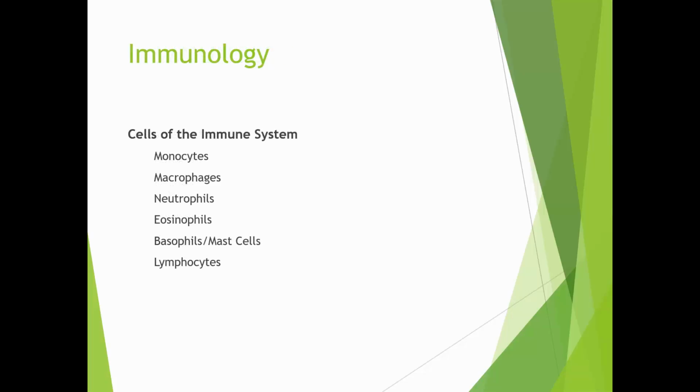Now, the rejection process is an attack by the immune system. So this is going to be a review of some of the cells related to immune function. Monocytes are located in the general circulation and lymphoid tissue. They are mature cells that patrol the system for foreign antigens.